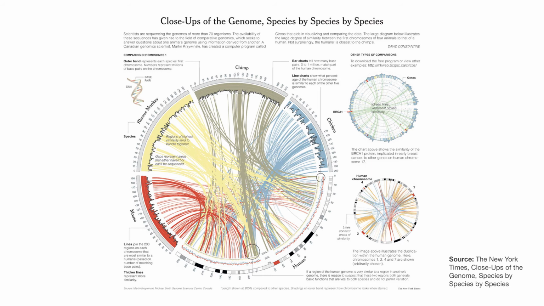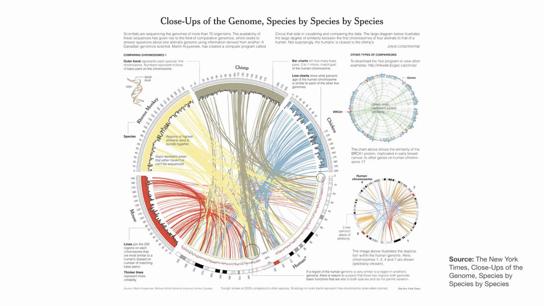And here we've got a nice example of that, and it's the close-up genome, species by species, and it shows the large degree of similarity between the first chromosomes of four animals, mouse, monkey, chimp, chicken, to that of a human being.